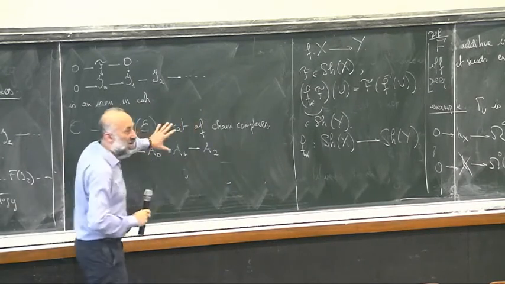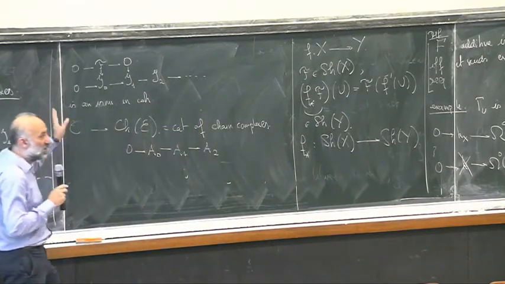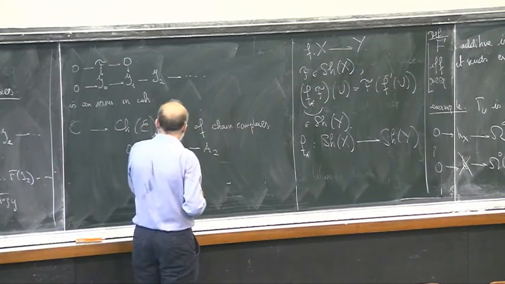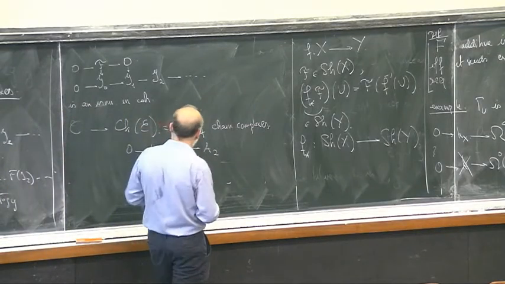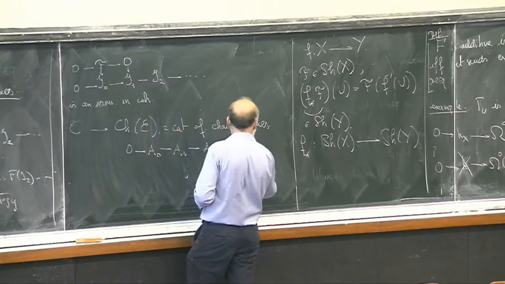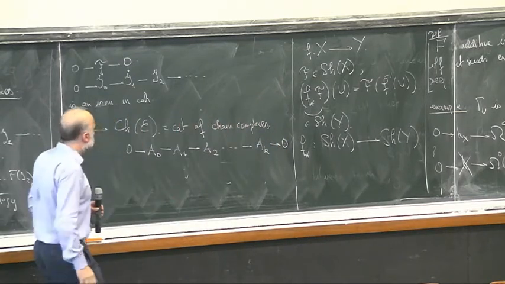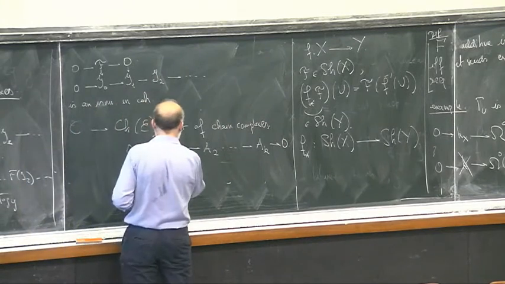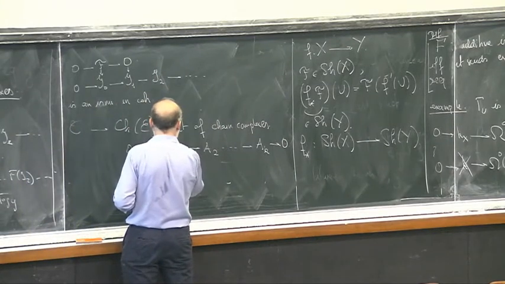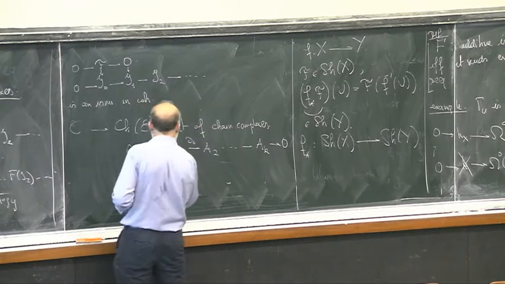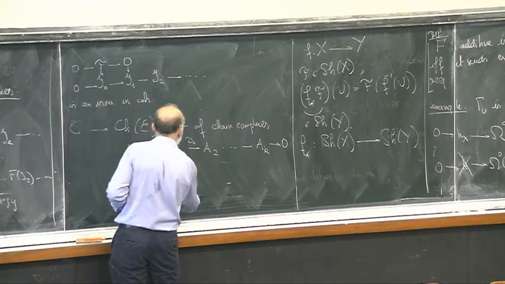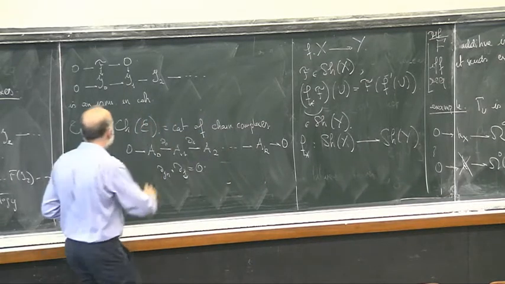Here I'm only taking, again, bounded complexes because it's simpler. You can take unbounded or bounded from the right or bounded from the left. Doesn't matter, but bounded. So these are complexes with maps d0, d1 such that d(j+1) composed with d_j is 0. So the chain complexes.